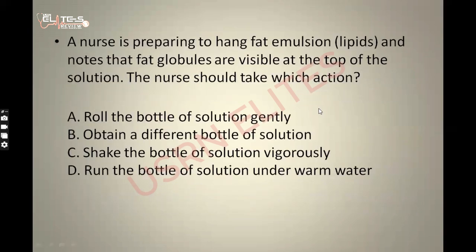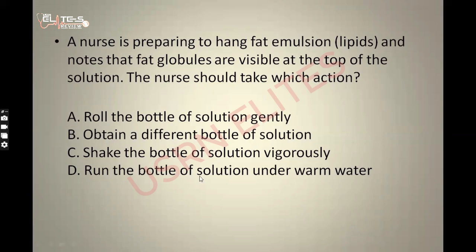All right. I think maybe my last question on this TPN and central line topic, or maybe last but one. A nurse is preparing to hang fat emulsion, that is lipids, and notes that fat globules are visible at the top of the solution. The nurse should take which action?